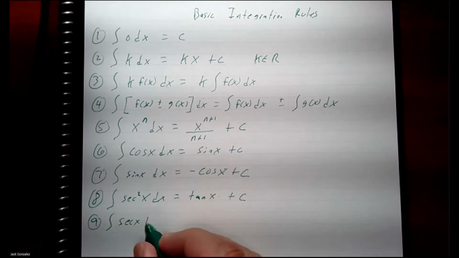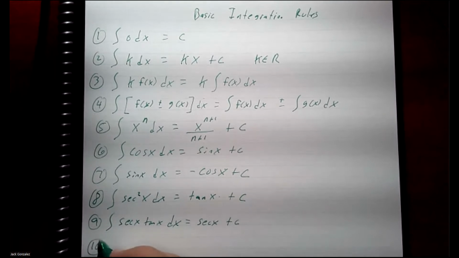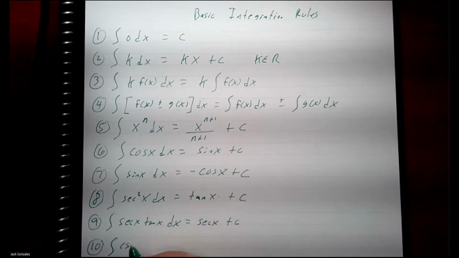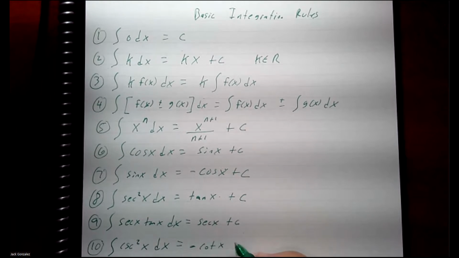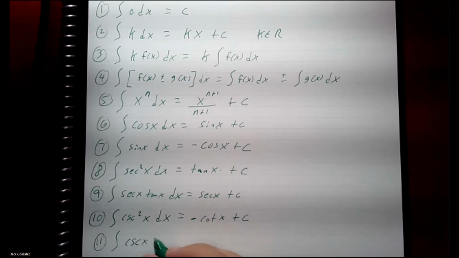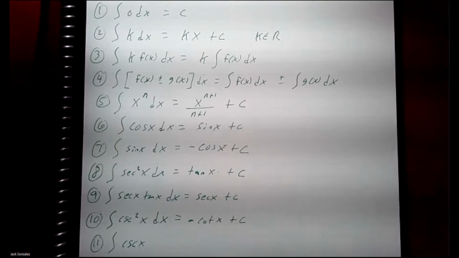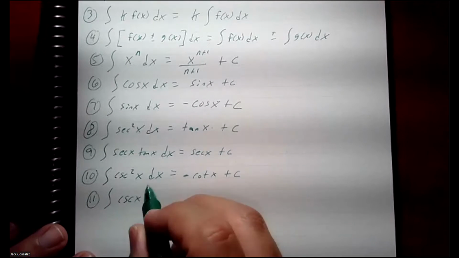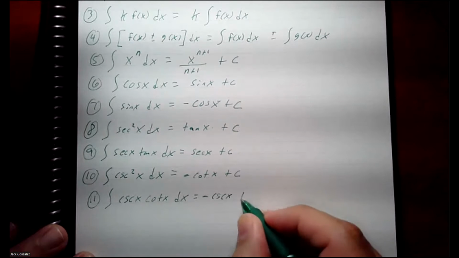Nine, the integral of secant x tangent x dx is equal to secant x plus c. Ten, the integral of cosecant squared x dx is equal to negative cotangent x plus c. The integral of cosecant x cotangent x dx is equal to negative cosecant x plus c.